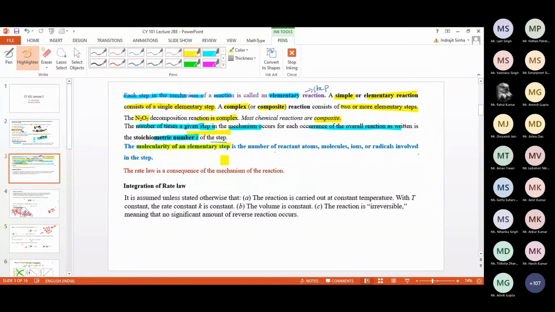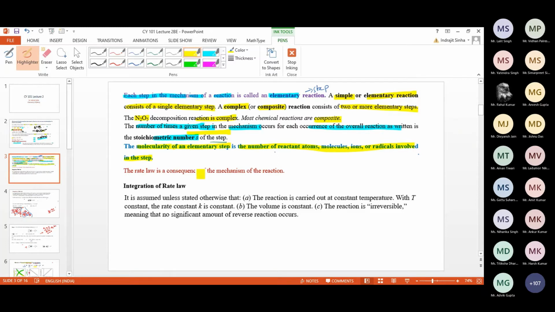For a composite reaction, there is no concept of molecularity. Okay. But you can always talk about the molecularity of an elementary step. That is, in one step of that mechanism, how many reactant atoms, molecules, radicals are involved in the step. So you can talk about the step. So what is molecularity?